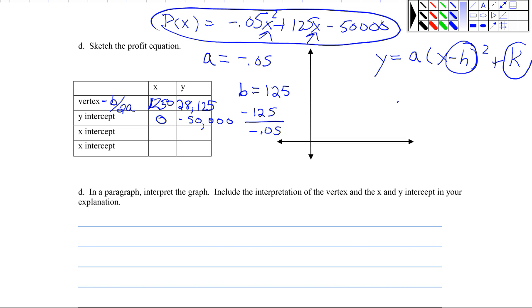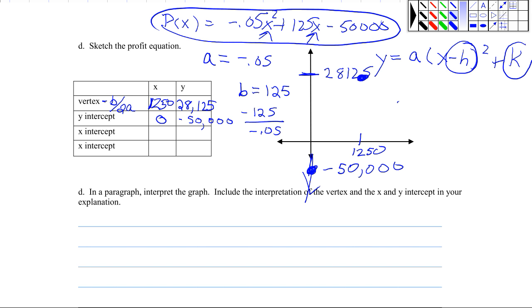So it looks like the graph I gave here wasn't quite long enough. I won't be able to draw it to scale. But here, I'll say this is the y-intercept, negative 50,000. The vertex is the point 1250, 28,125. So I'll put the vertex right there.